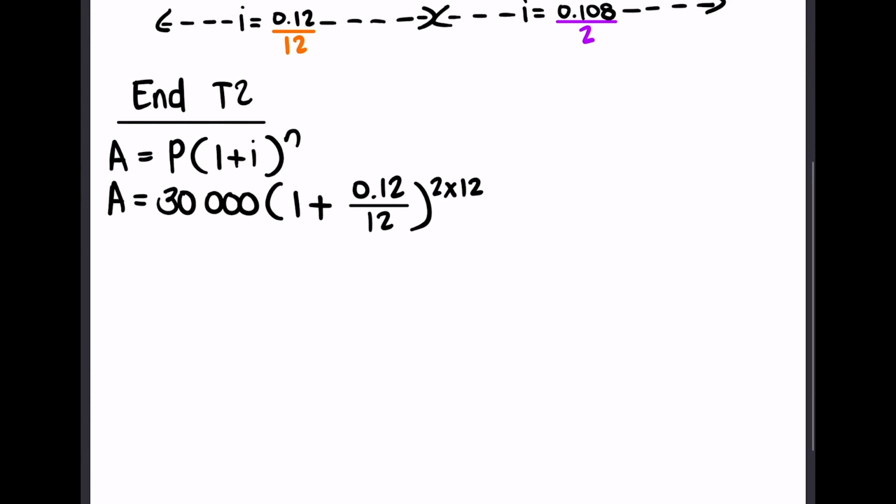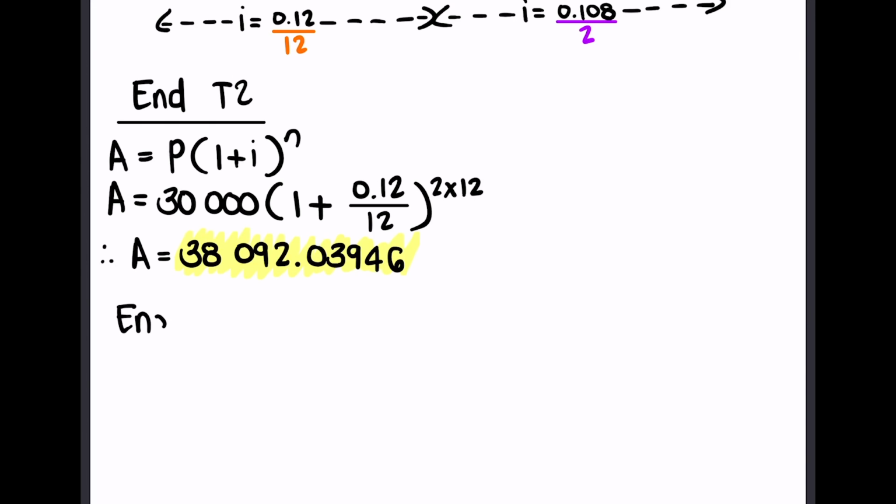So therefore, A is equal to 38,092.03946. Now this A value becomes my new P value, so I'm going to use that in my last calculation.